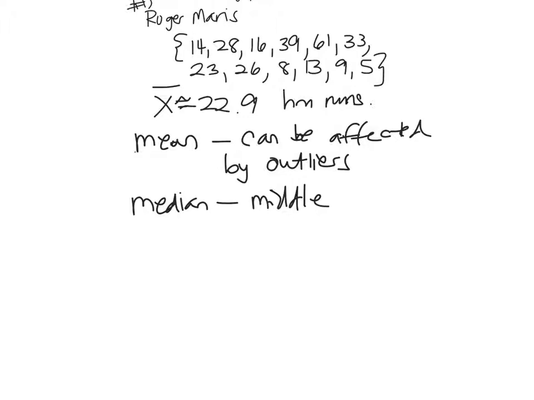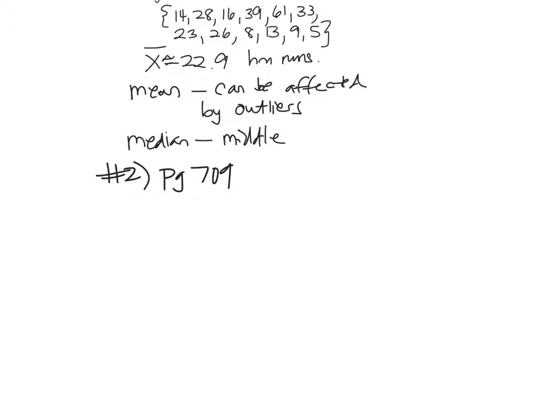Okay, so let's look at number 2. It says, on page 709 in your book, you might want to have your iPad and your book out, it tells you the score of a certain quiz. So kids took a quiz, and this quiz was out of 10 points, okay?